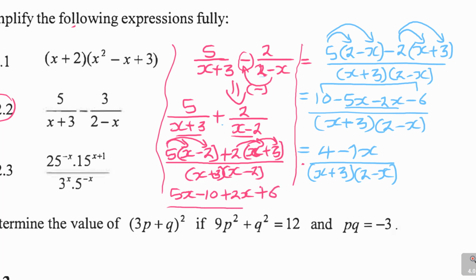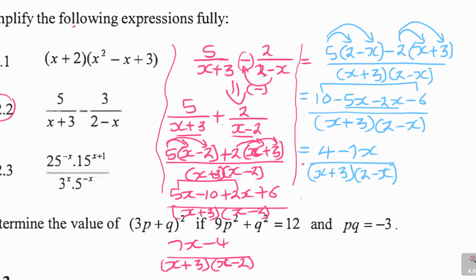And then you've got over, you still continue with your x plus 3 and x minus 2. You collect like terms. Now look at it. 5x and 2x gives us 7x. Minus 10 plus 6 is minus 4 over x plus 3 and x minus 2. So this now becomes the answer there.